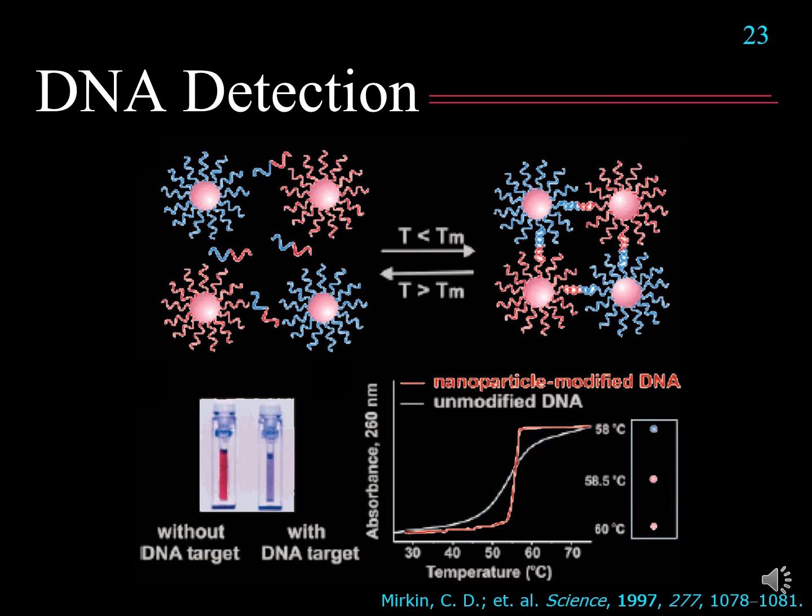Then if we have the target DNA here, the blue and the red gold nanoparticles can aggregate together. So as a result, the color is changed from red to blue, for example. And we can double check it by the temperature as well, because it's just hydrogen bonding, right?